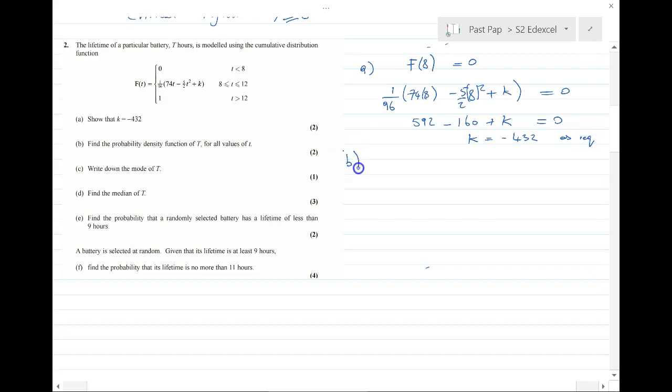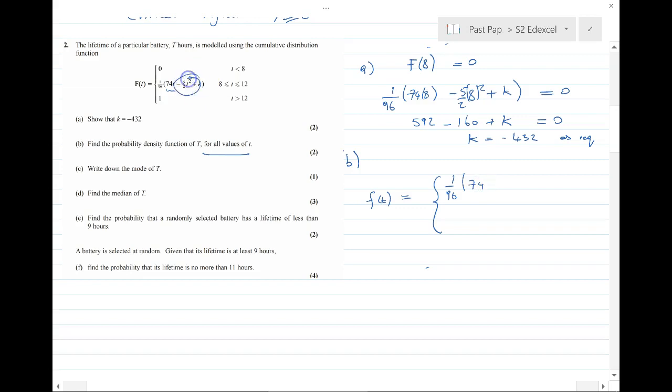Part B, we want the probability density function for all t. We're basically differentiating this. We don't see any reason why we can't just keep the factor of 1 over 96 outside. The PDF is going to look like 1 over 96 here. Differentiating 74t, you get 74.